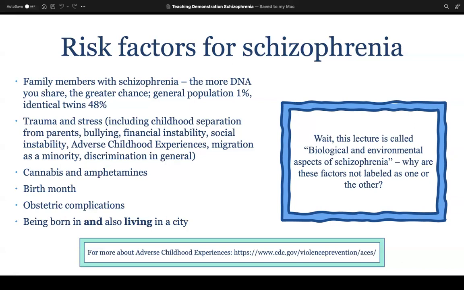Obstetric complications. So we have discussed previously that there are some things that will impact your epigenetics. So that is how your genes are expressed in the world without actually changing what the makeup of your genome is. It will change how your genome is expressed.